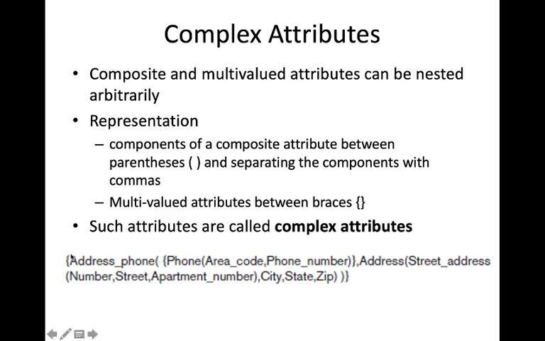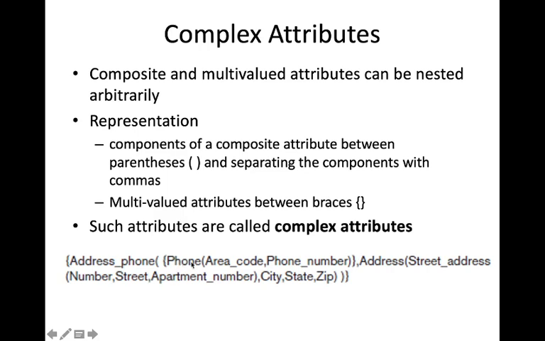Address phone is represented inside braces, meaning he can have several values for that. There may be two or three houses for that person. Then inside that address phone, in a particular address he may have several phone numbers also. That is why phone number is again represented inside braces.